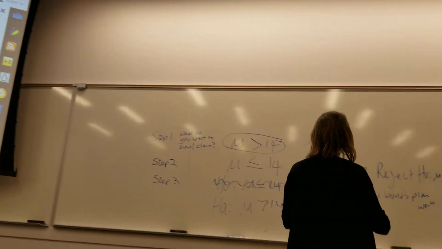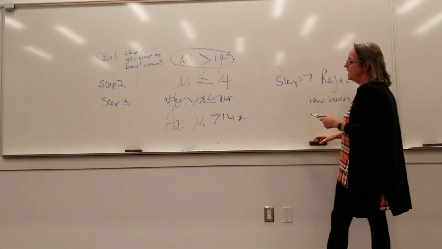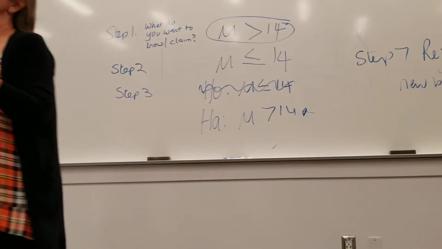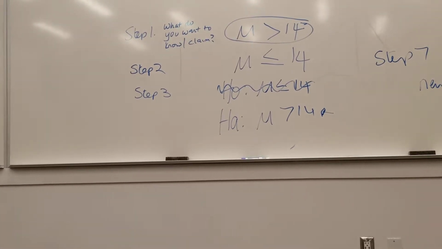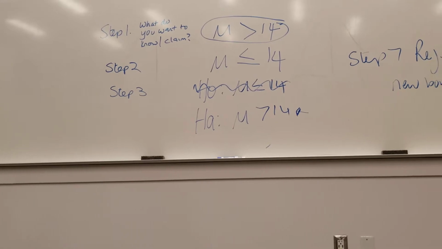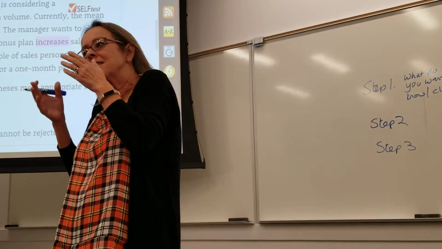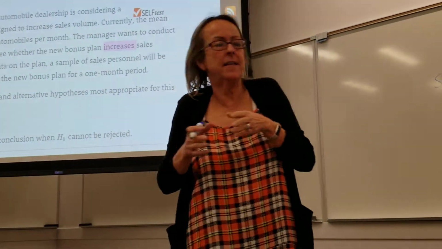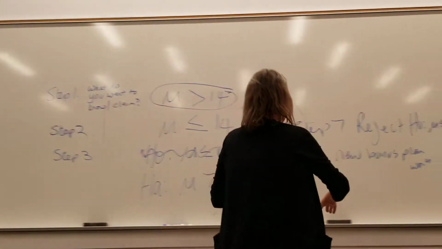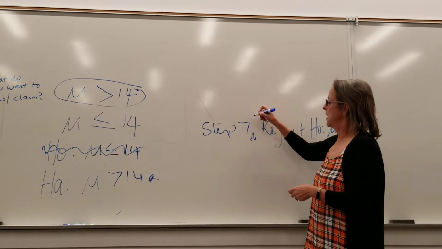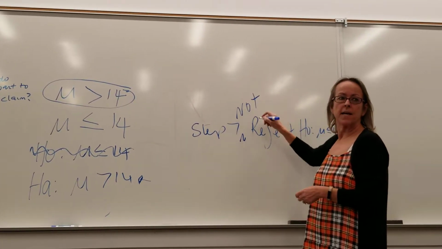What if I did a study and you guys averaged 14.1 cars each? And I'm like, well, it looks like it went up, but it's not statistically significantly different enough. Then I would not reject the null, right?